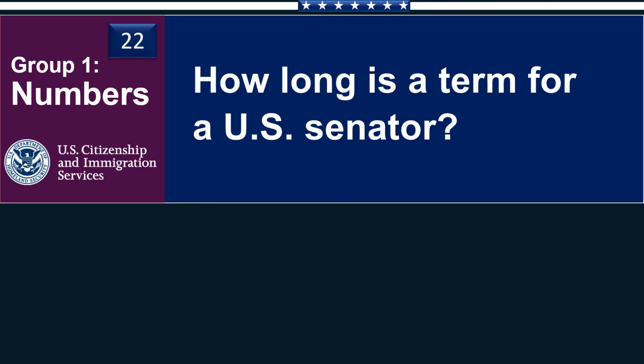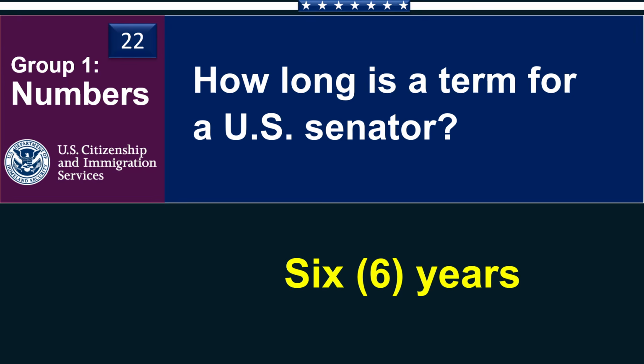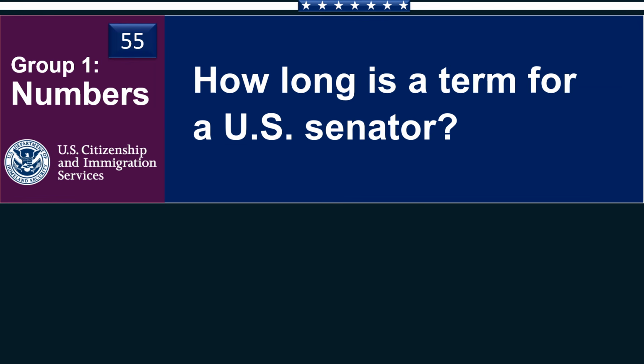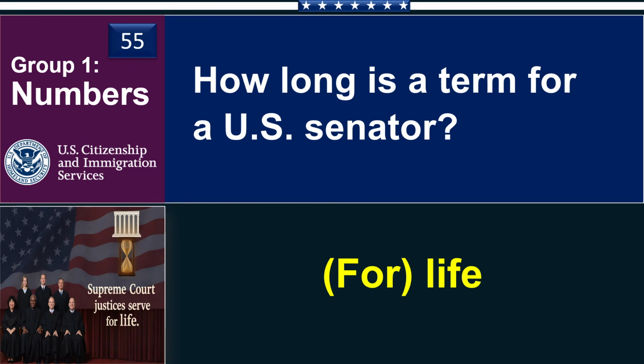How long is a term for a U.S. Senator? 6 years. How long do Supreme Court justices serve? For life.